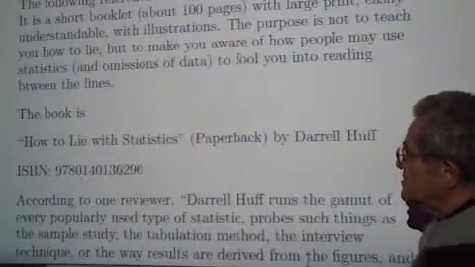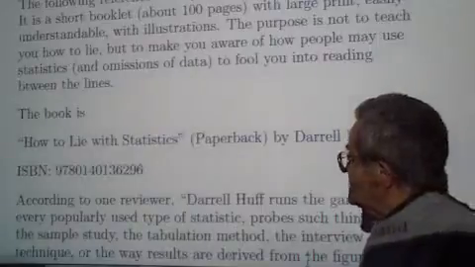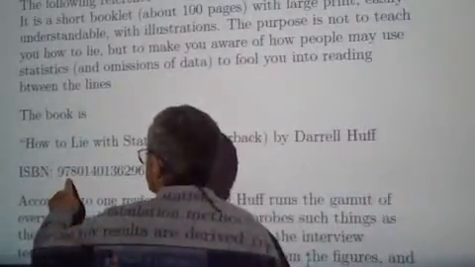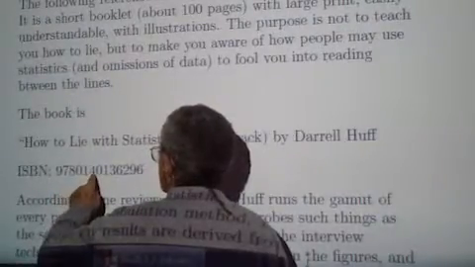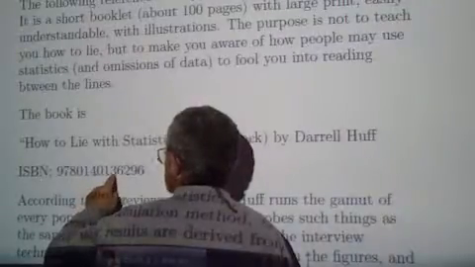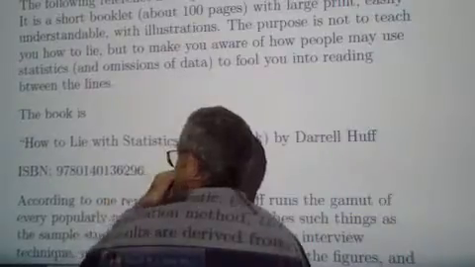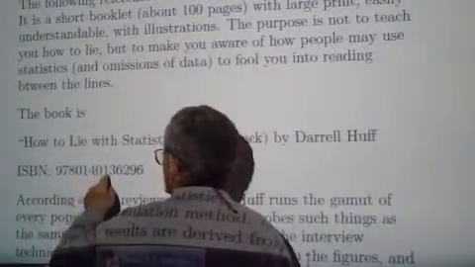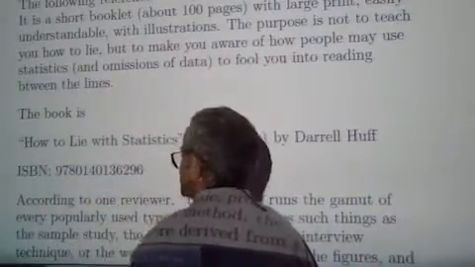And the international standard book number, the ISBN, is 9780140136296.